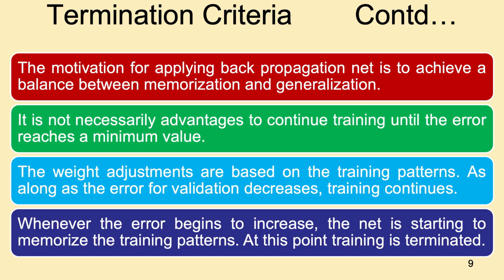This is what you need to focus on when going for termination. So the motivation for applying the backpropagation neural network is to achieve a desired balance between memorization and generalization. Whenever error begins to increase, the net is starting to memorize. At that point, you have to stop.